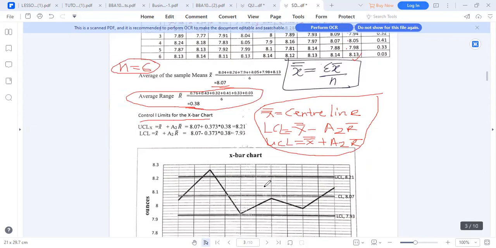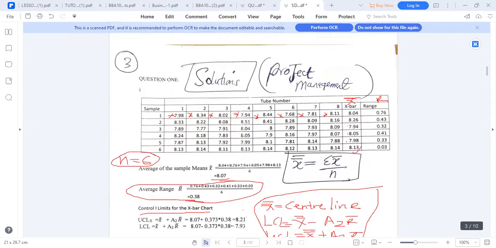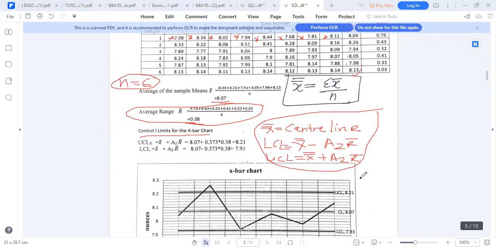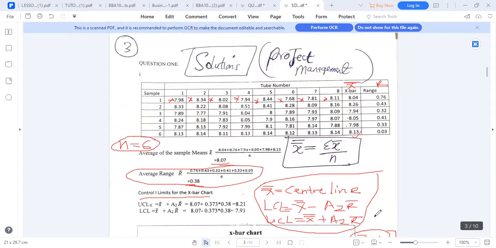Our R bar is the summation of R over N. Okay, this is only our R bar. All right, so this is according to what is going on.